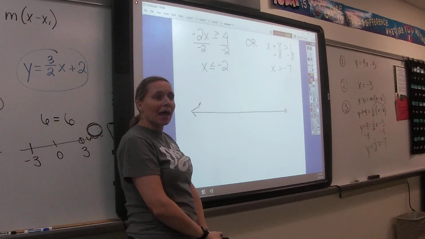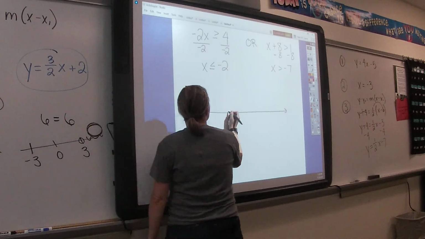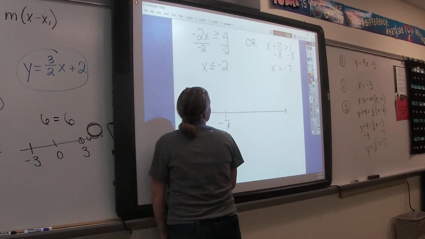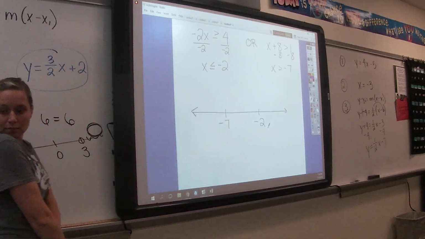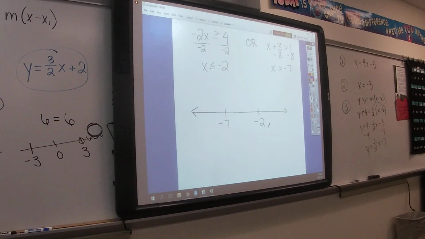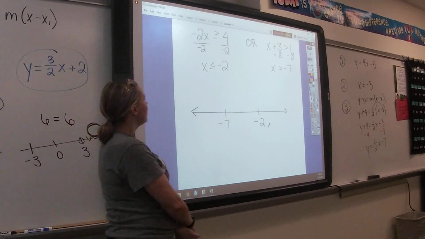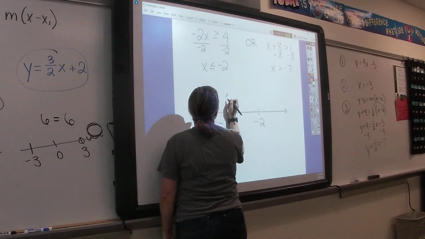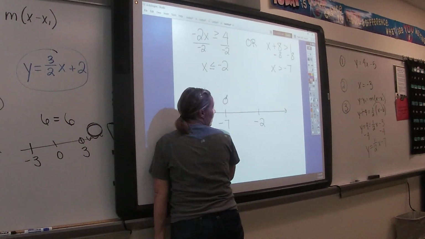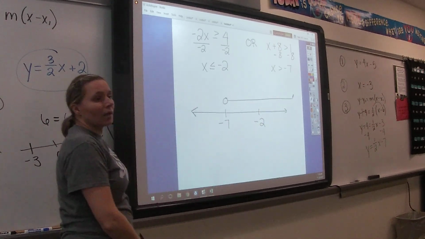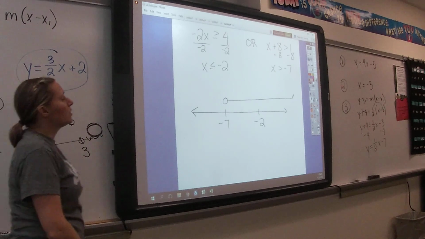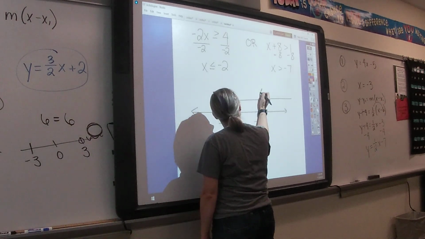Okay, which one's going to go on the left? Open or filled in at -7? To the right or to the left?